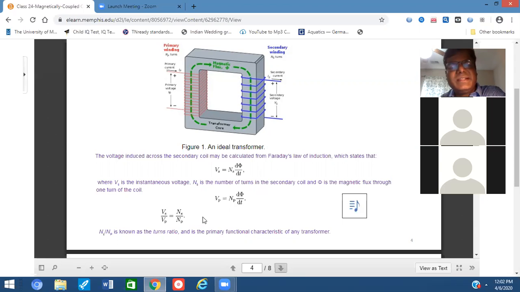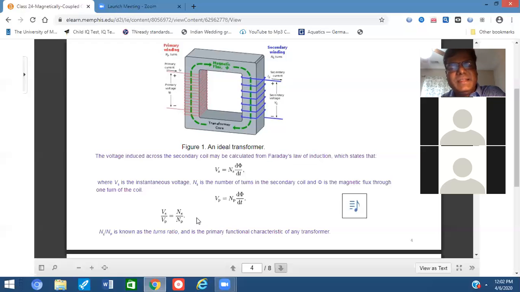You could even write Vp/Vs = Np/Ns. It does not matter; we will get the same result.